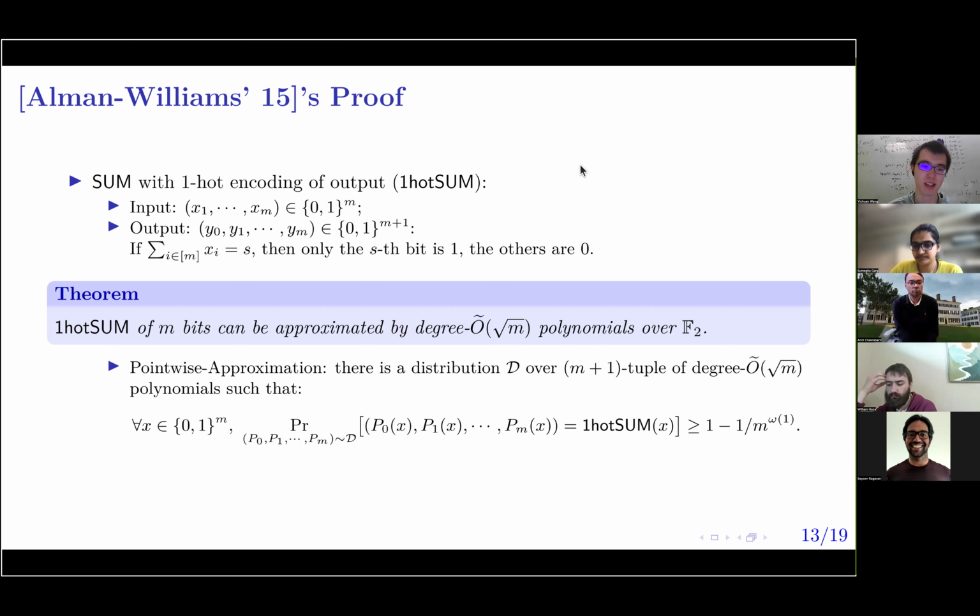And the theorem is saying that this one-hot sum function can be approximated by square root m degree polynomials. We are still using this pointwise approximation. So there's a distribution d, but now it's over an n+1 tuple of square root m degree polynomials, such that on any input string, a random tuple of polynomials drawn from this distribution agrees with the one-hot sum result with very high probability.